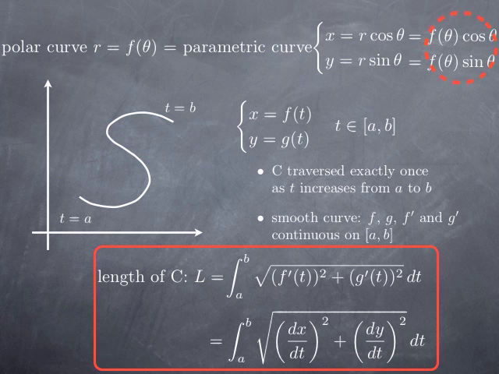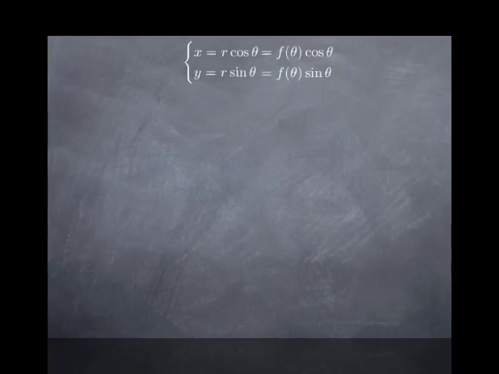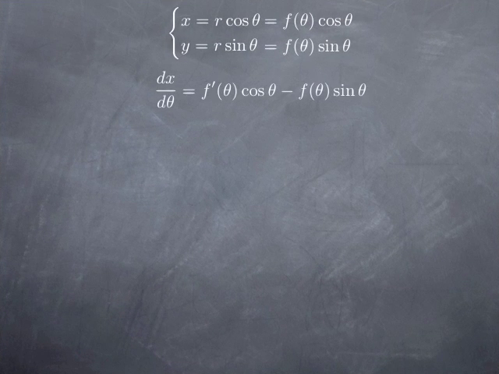So we're going to use this formula to differentiate x and y with respect to theta. Specifically, because x and y are given by products, we use the product rule. So to differentiate x, we get derivative of f times cosine plus f times derivative of cosine, which is negative sine. Similarly, for y, we have again a product. We get derivative of f times sine plus f times derivative of sine, which is cosine.